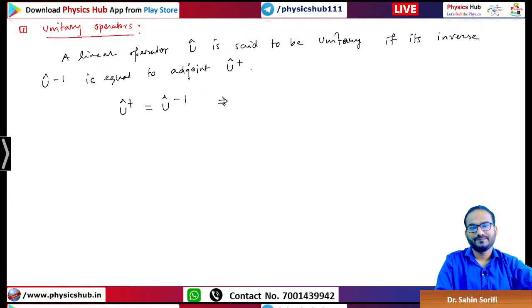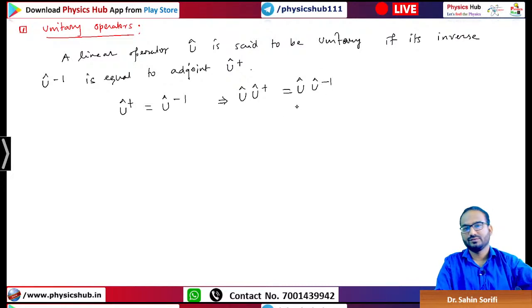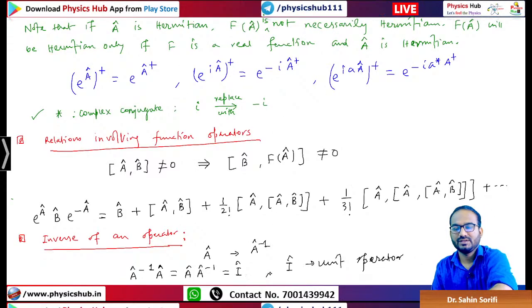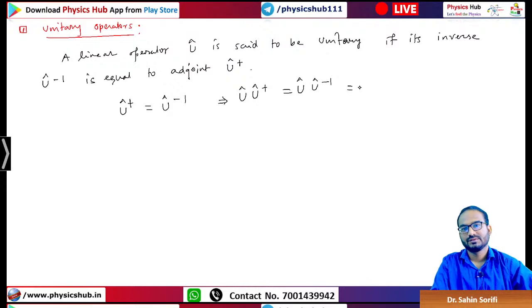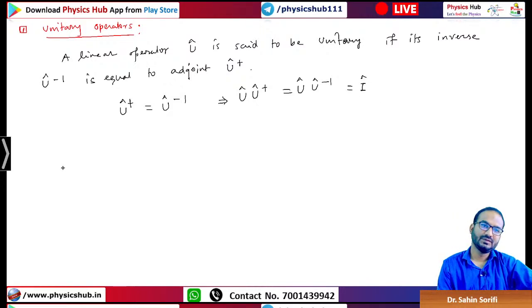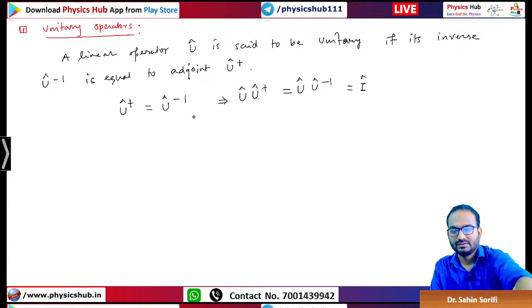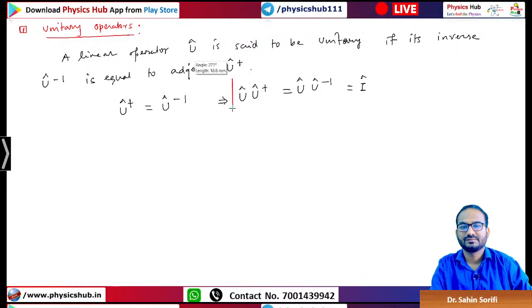If you pre-multiply U on both sides, this will become U U dagger equals U U inverse, and you know U U inverse will be identity. So unitary operators will satisfy this equation, right?